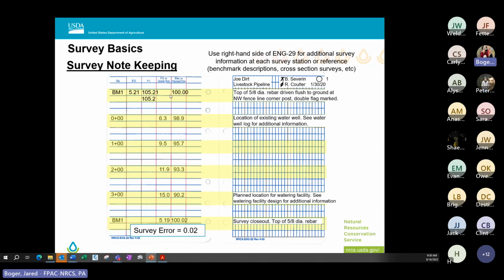With your benchmark here at 100, we established that a piece of 5/8" diameter rebar was staked in, and that's where our survey started. It's good to point that out and put that in your survey notes.